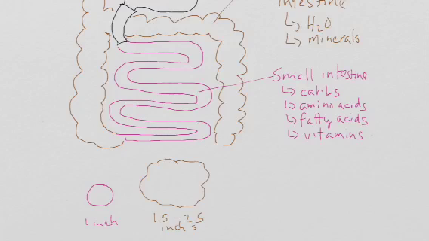It is a lot larger. The small intestine is a lot longer than the large intestine. This can be 6 to 7 meters in length, whereas this guy is about 1.5 to 2 meters in length. Much different in size and structure, but they're both the site of absorption.